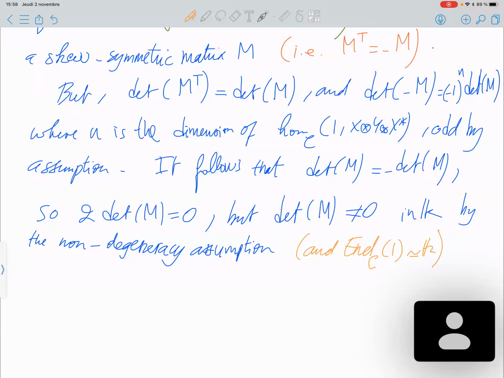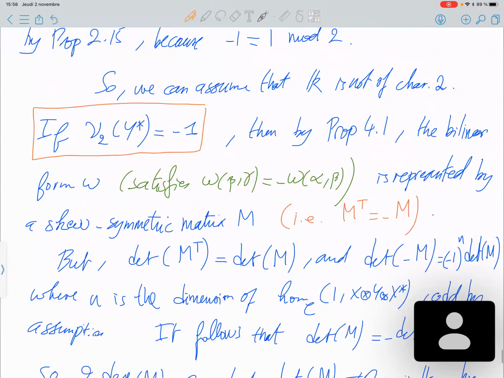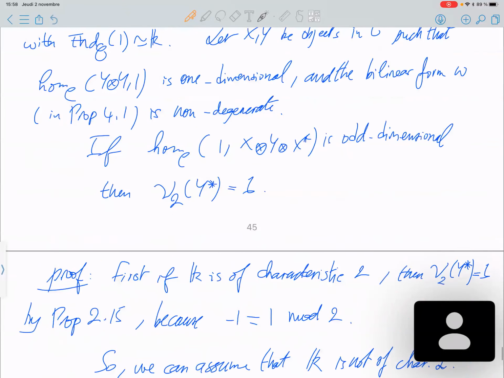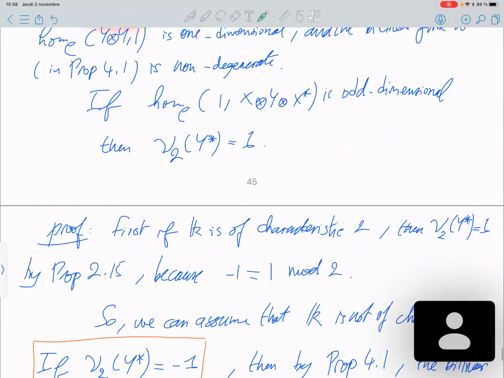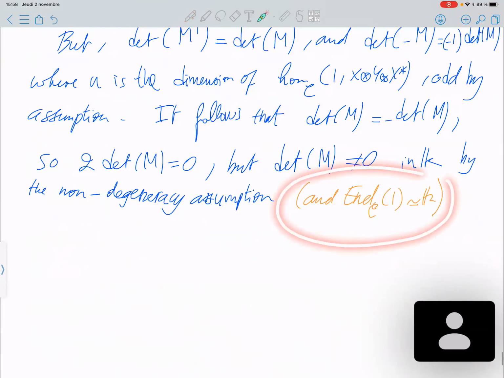But in fact, I don't remember why I need to use that. So that's why I put it between parentheses. So this is assumed here, and I wrote that it is required here, but I don't remember why we did that.